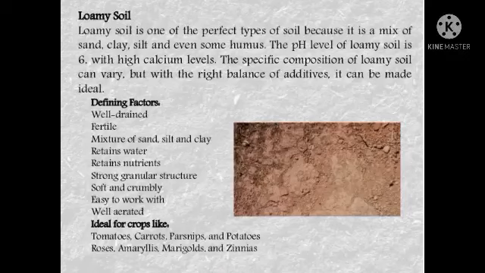Defining factors: well-drained, fertile, mixture of sand, silt, and clay, retains water, retains nutrients, strong granular structure, soft and crumbly, easy to work with, well aerated. Ideal for crops like tomatoes, carrots, turnips, and potatoes, roses, amaryllis, marigolds, and zinnias.